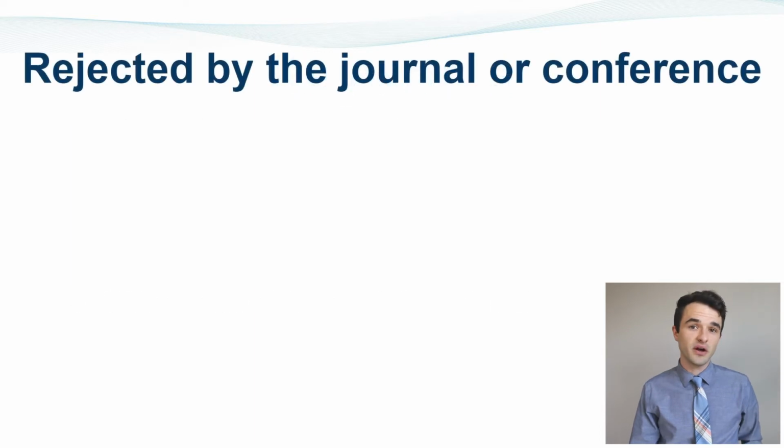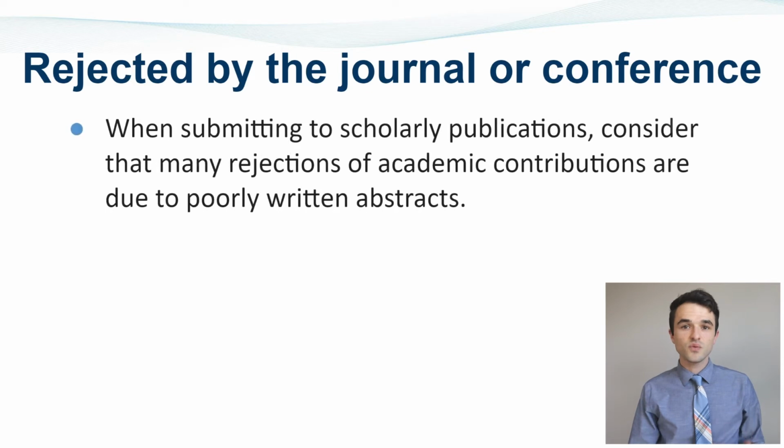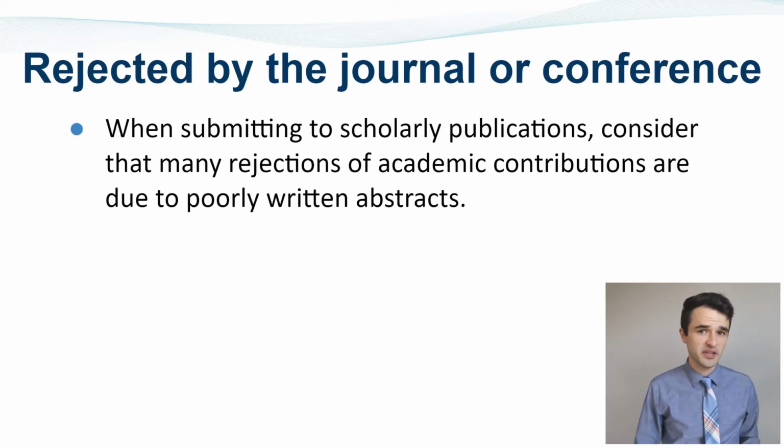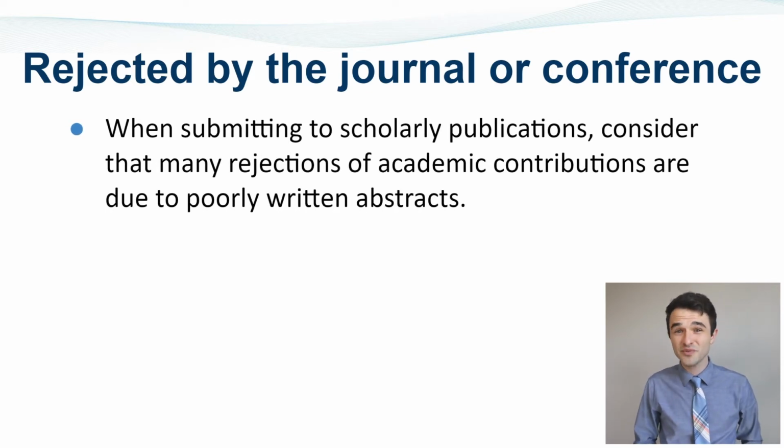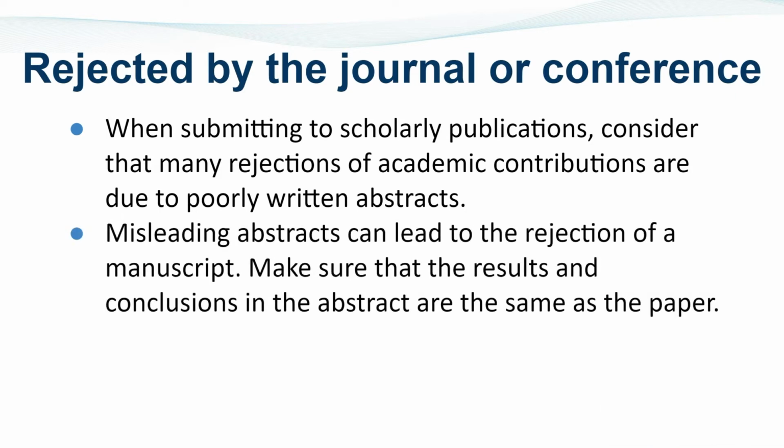Now for a note on an abstract being rejected by a journal or conference. When submitting to scholarly publications, consider that many rejections of academic contributions are due to poorly written abstracts. So, your paper might be great, but it gets rejected because of your abstract. And misleading abstracts can lead to rejection of a manuscript. Make sure that the resulting conclusions in the abstract are the same as in the paper.